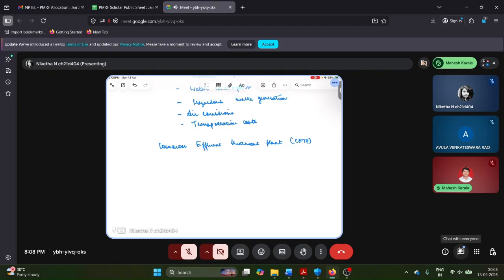The functions of a CETP are first to homogenize the wastewater coming from various industries. Homogenization means ensuring that it becomes uniform. Wastewater from different industries could have different concentrations of various pollutants, so homogenization ensures they are all mixed together and the concentration becomes uniform.